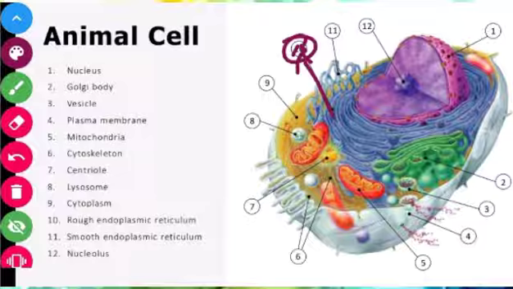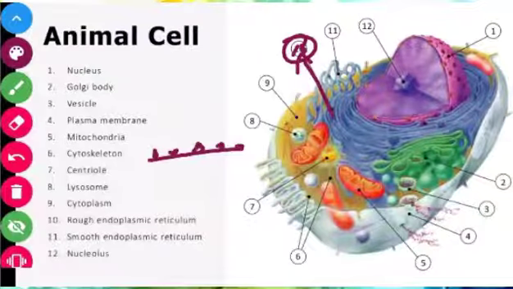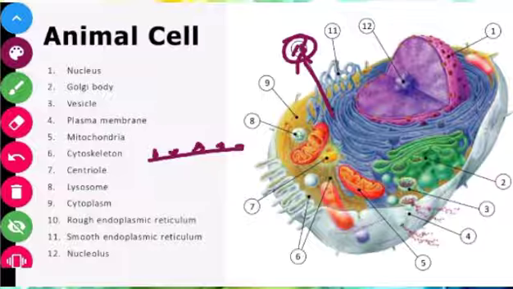Why? Because if there is a simple line, it is called smooth, or else if there are dots, it's rough, right? So in this way half of the endoplasmic reticulum is seen with dots, so it is called rough endoplasmic reticulum. And another one is there, the 11th part, that is smooth endoplasmic reticulum.